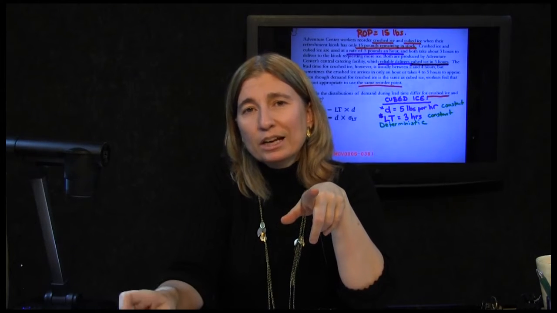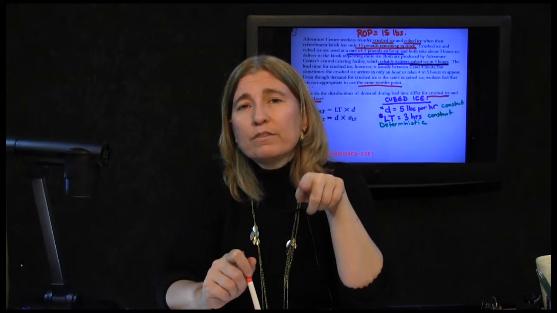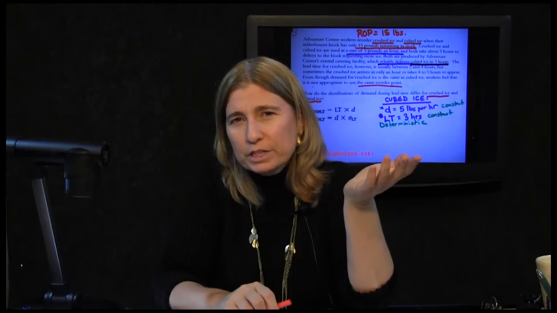Constant, constant. This is what we call deterministic. Meaning that it is not hard to estimate DDLT, demand during lead time, for cubed ice, because if they always wait exactly 3 hours before they get the ice, and they're always using 5 pounds an hour, 3 times 5 equals 15, that must be where they got the 15.